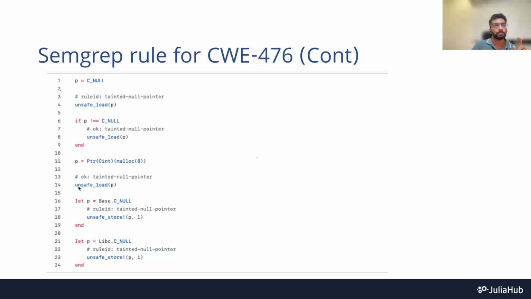Similarly, line number 14 is also an unsafe load, but in this case, our analyzer is able to detect that it is not a null pointer, it's actually a valid memory address, line number 11. However, in sections which start with line number 16 and 21, again, we are trying to unsafely load or store the pointers. So all these will be caught in our analysis.